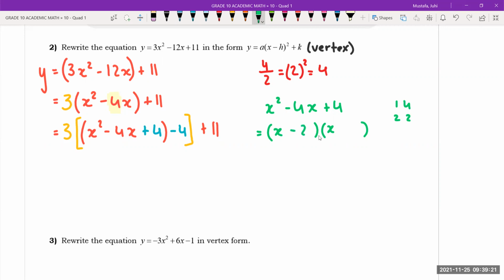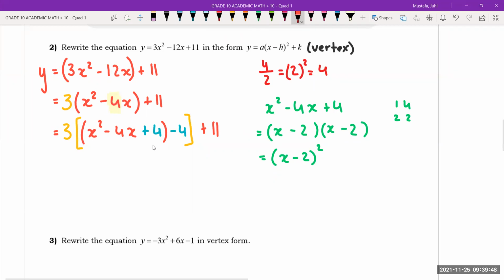So we're going to go negative 2, negative 2. And you could just quickly re-FOIL it in your head and see if you get the original. Does this end up working out? It does. So I'm going to rewrite it. So it's x minus 2, all of it squared. And it just worked out really nicely, as I said it always will.